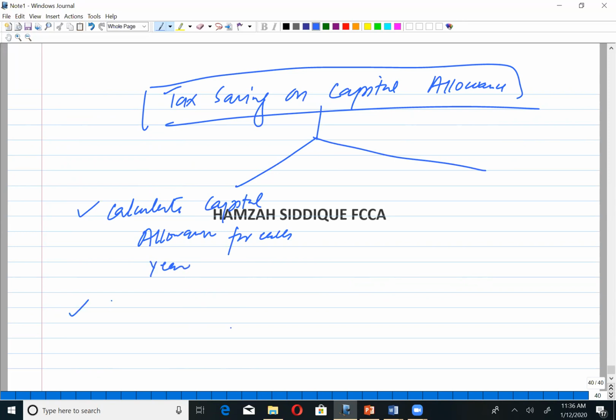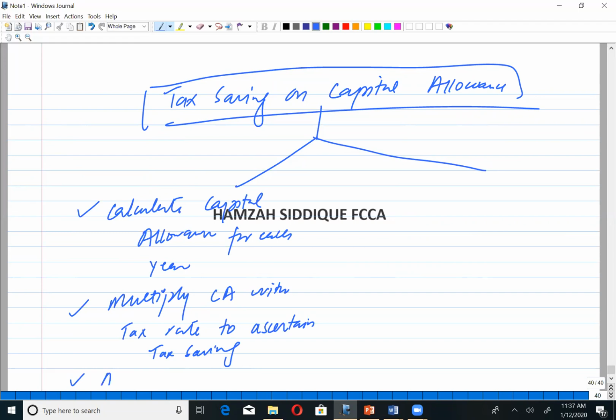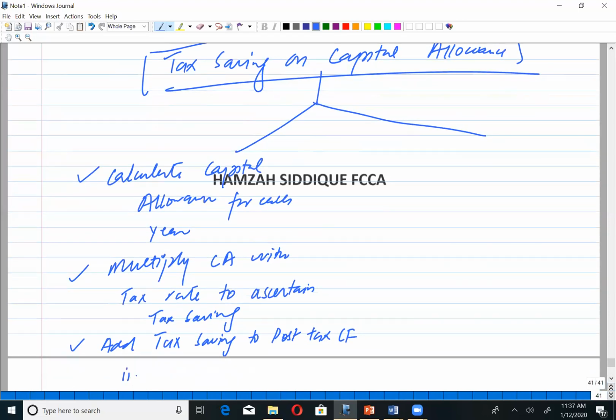Second, multiply capital allowance with tax rate to ascertain tax saving, and then add the tax saving to post-tax cash flows in the NPV proforma.